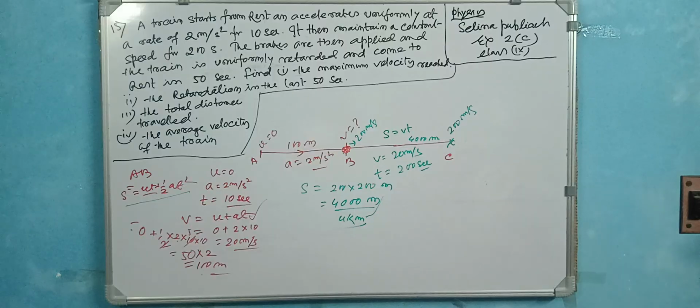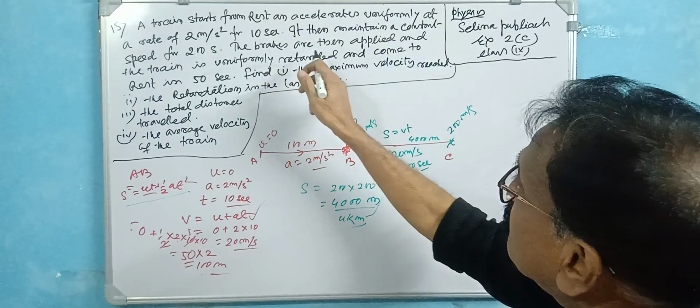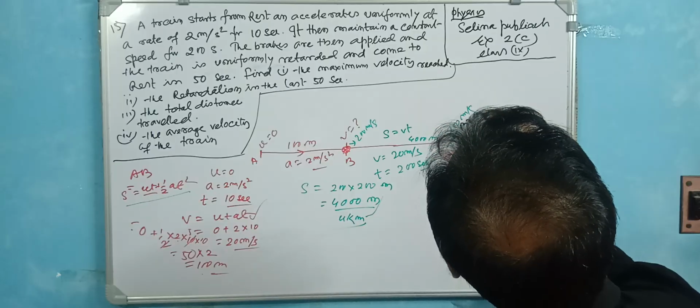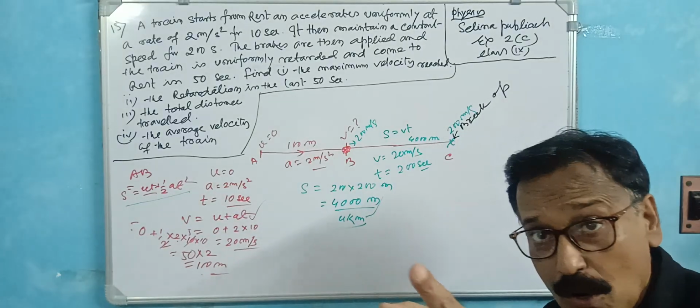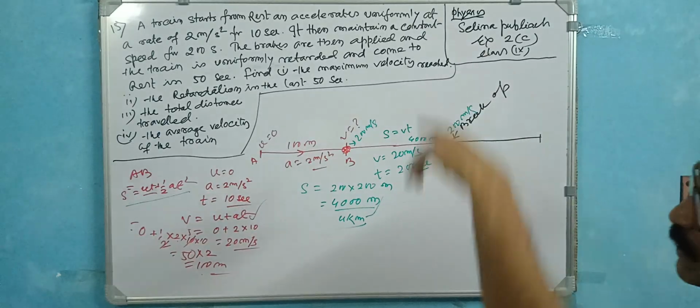Now, one very important thing: the brake is applied. Very interesting. I used a different color for better understanding. Then the brake is applied here. When the brake is applied, the train comes to rest.